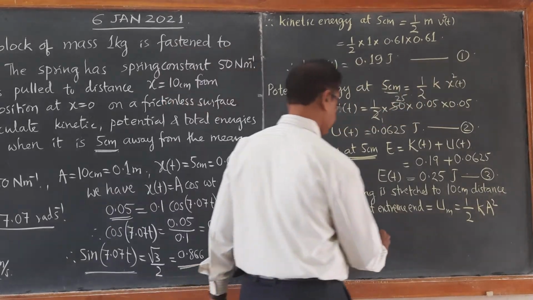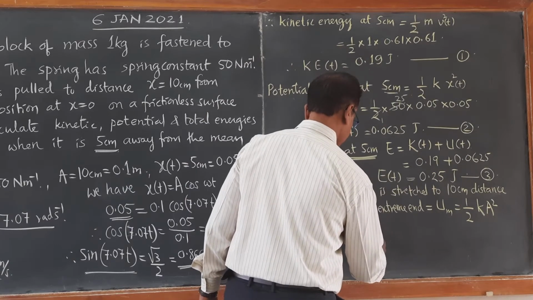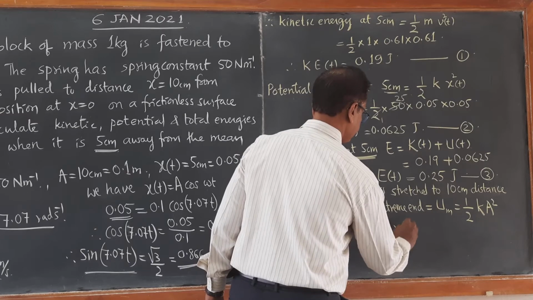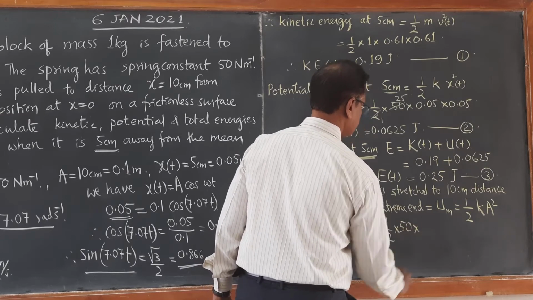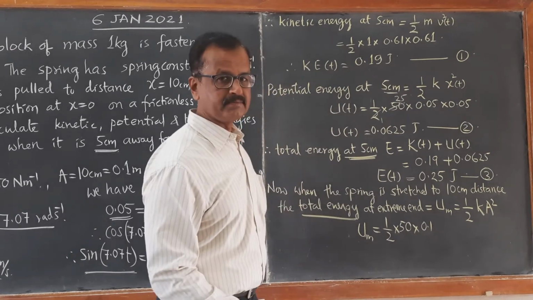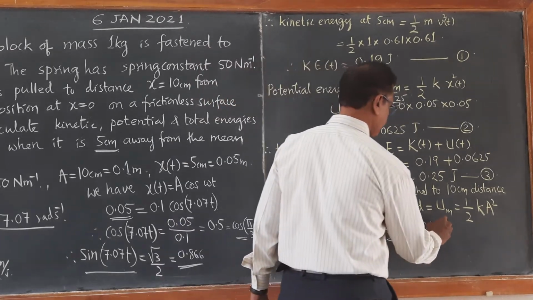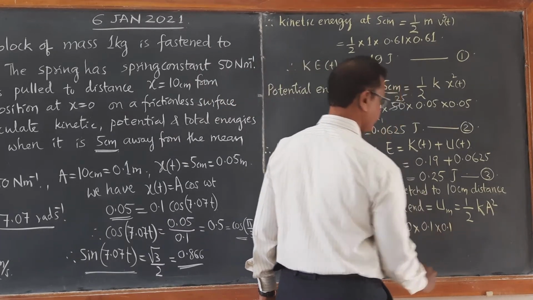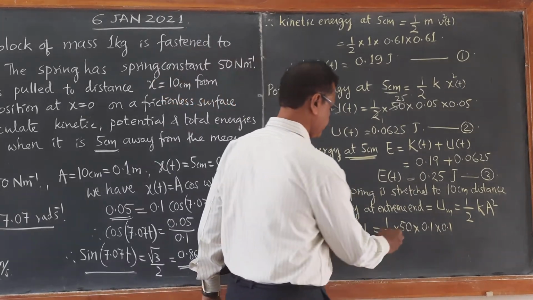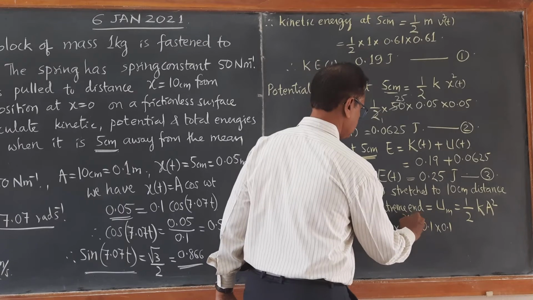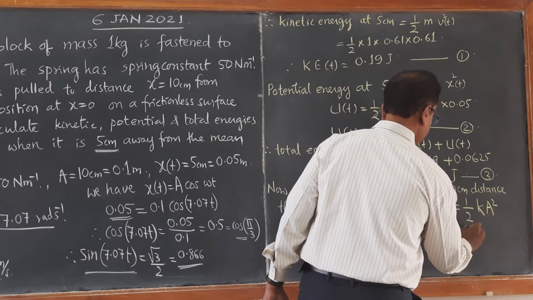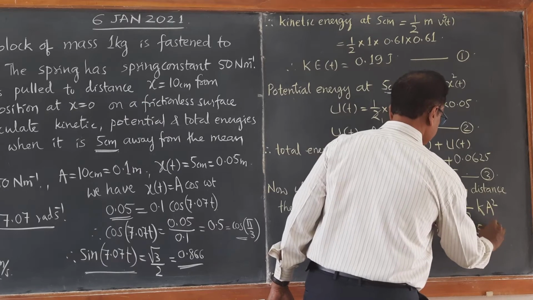Just calculate. Therefore, the maximum potential energy at the extreme end is equal to half into 50 into the maximum displacement, 10 centimeter, so 0.1 into 0.1 meter square in terms of meters. So you can calculate this. It comes out to be again 0.25 joules.